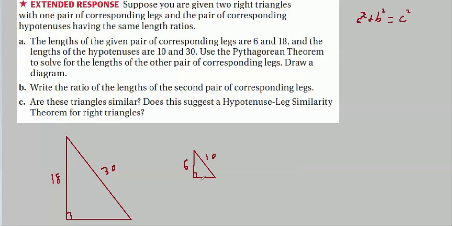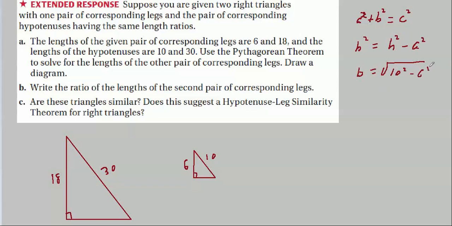So we're going to have to rearrange this a bit and write that b squared equals, and let's rewrite c as h, so we don't forget this is the hypotenuse, minus a squared. That's the other leg. So what's this here going to be? Well, it's going to be b, the square root of h squared minus a squared, which for this one here would be 10 squared minus 6 squared.